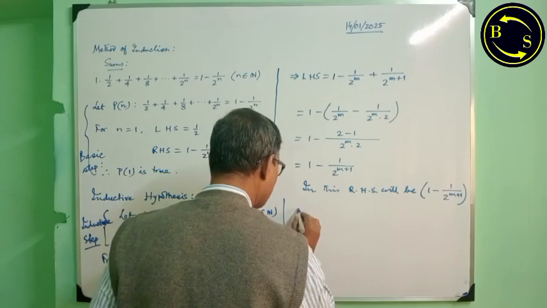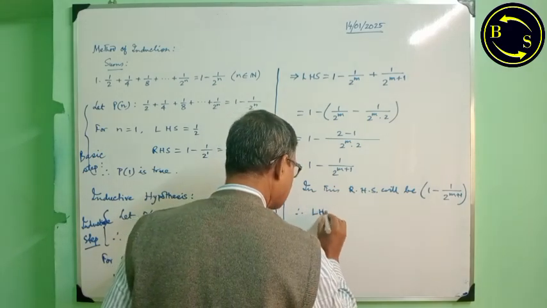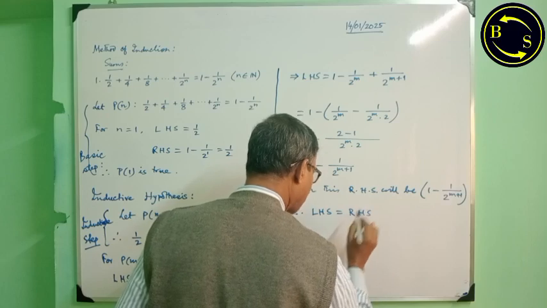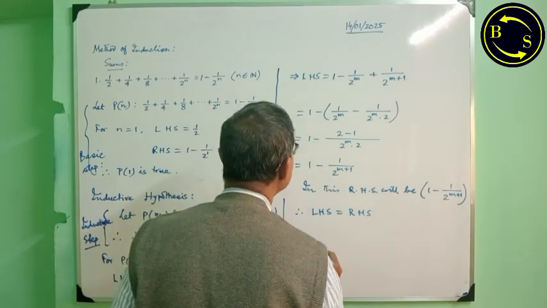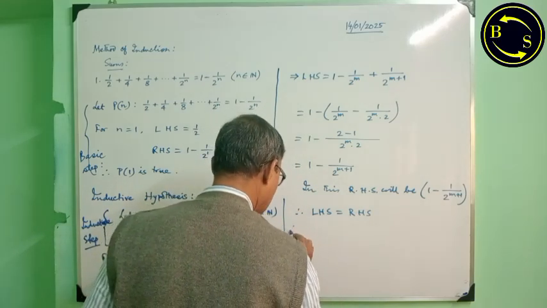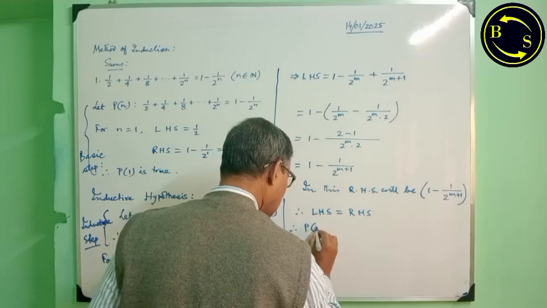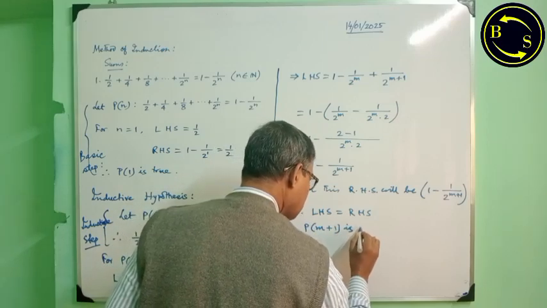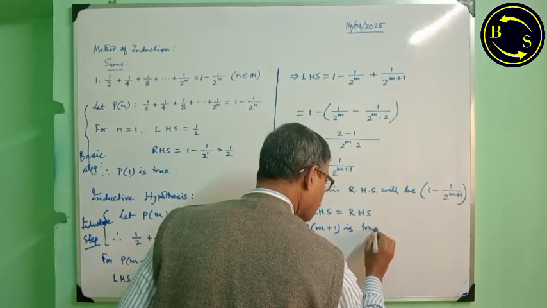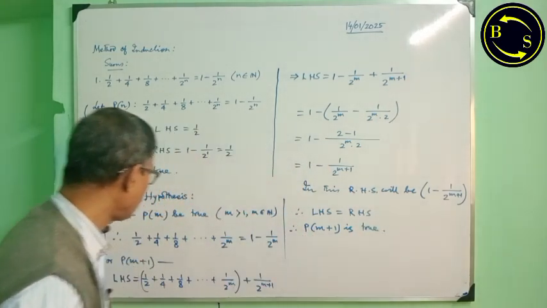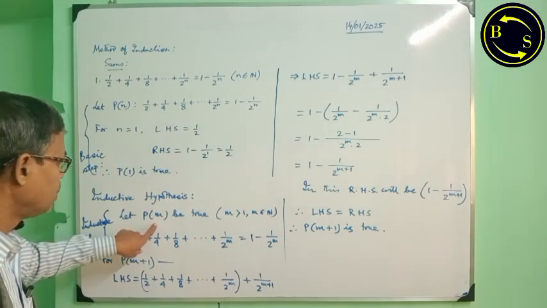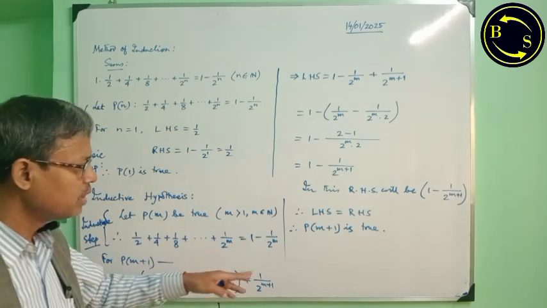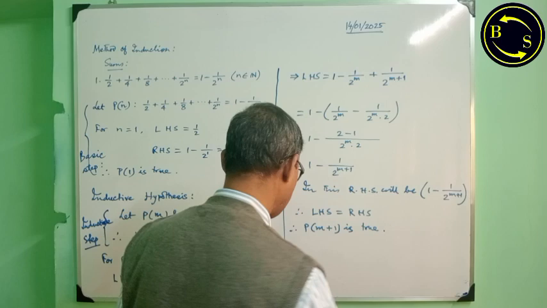Therefore, LHS is equal to RHS. Therefore, the conclusion of this part will be, therefore, Pm plus 1 is true. We assumed Pm true and we have shown by actual calculation Pm plus 1 is true.